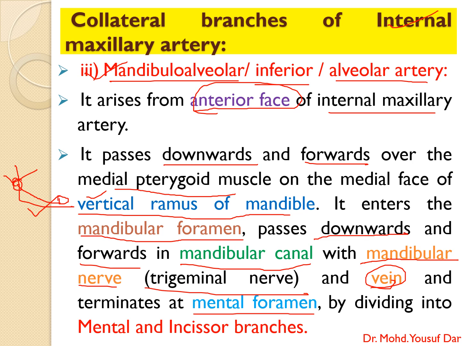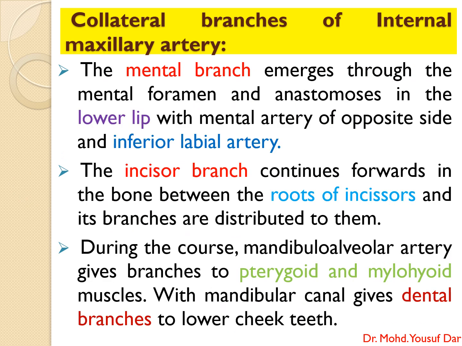At the mental foramen it terminates into two arteries: one is the mental branch and the other is the incisor branch. The mental branch emerges through the mental foramen and anastomoses in the lower lip with the mental artery of the opposite side and the inferior labial artery.